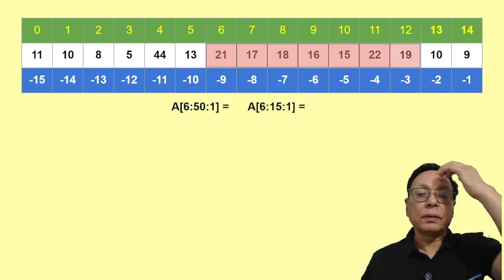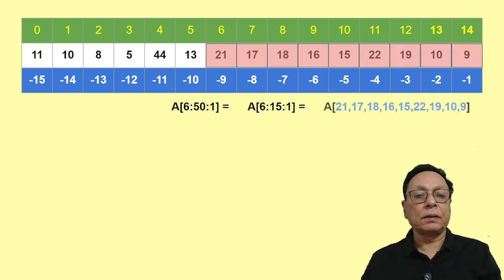So the entire part, starting from index number 6 till 14: 21, 17, 18, 16, 15, 22, 19, 10, and 9 is the slice.